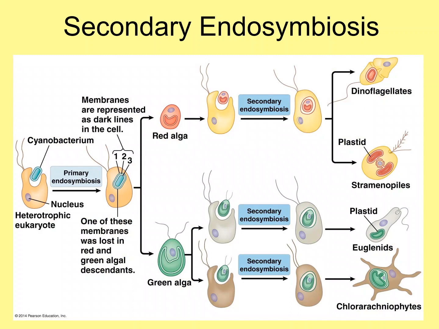Okay, so exactly how does this process of secondary endosymbiosis work? And the big part of this graph that I always find terribly confusing, so here we've got cyanobacteria, right, being ingested by a heterotrophic eukaryote, right? This is primary endosymbiosis. And then it's living inside and it says, hey, there's 3 membranes. And we're like, well, we just discussed how there's only 2, right? What do you mean there's 3?